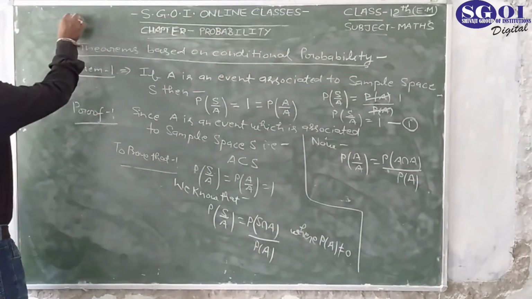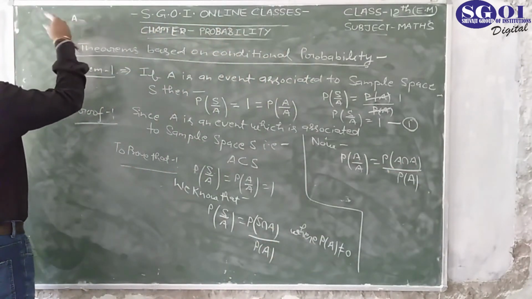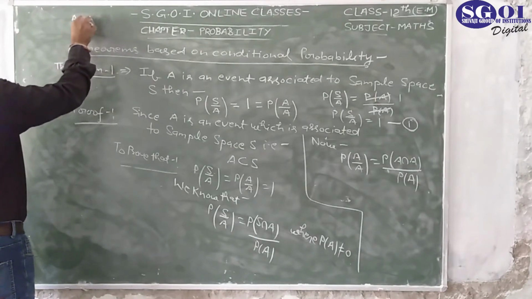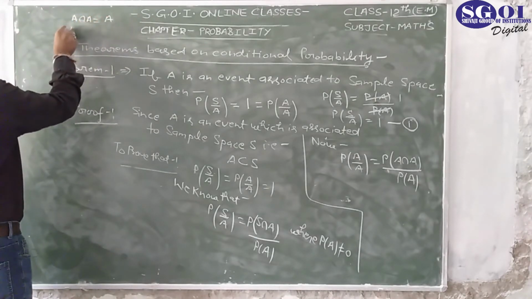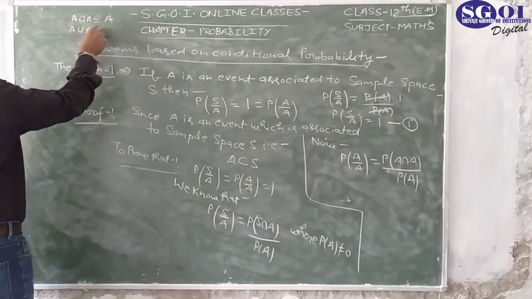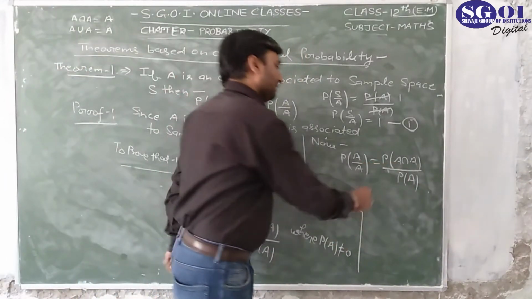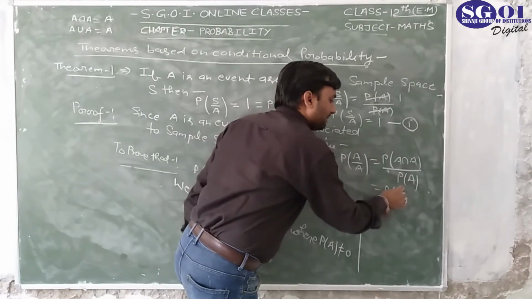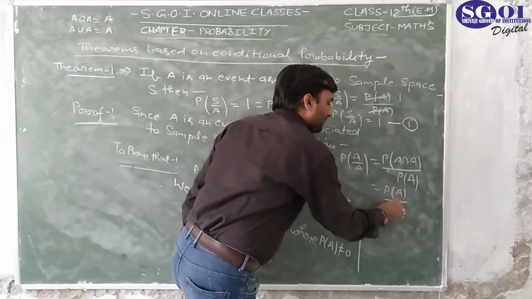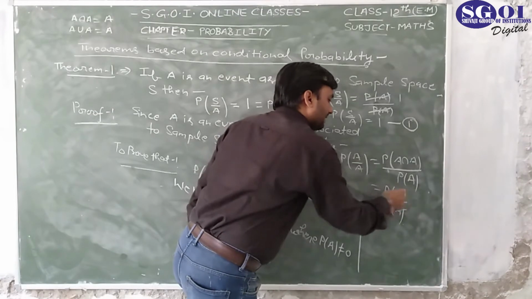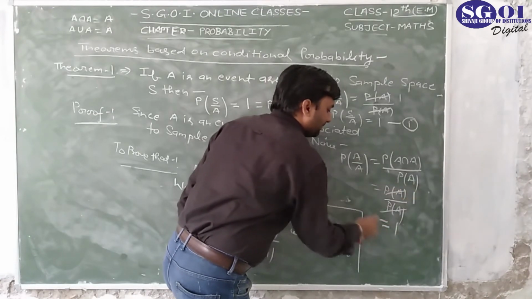The intersection of any set with itself, A intersection A gives us A. A union A gives us A. So A intersection A gives us A upon probability of A. This becomes cancelled out and gives us 1.